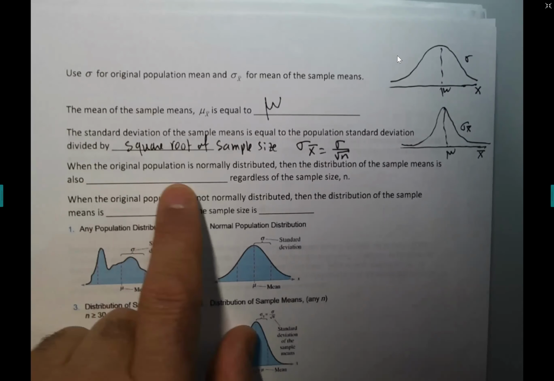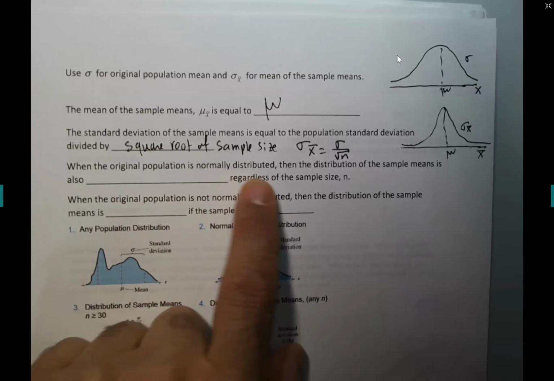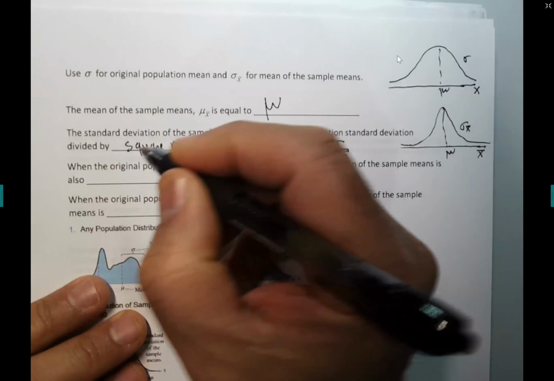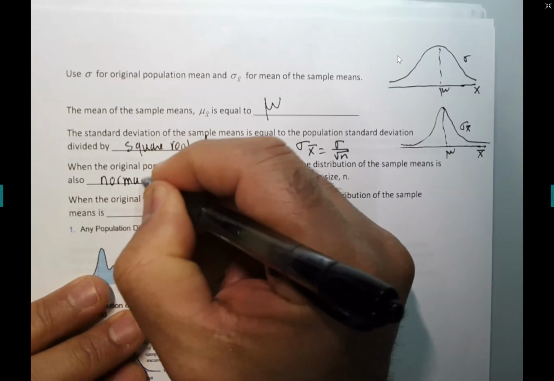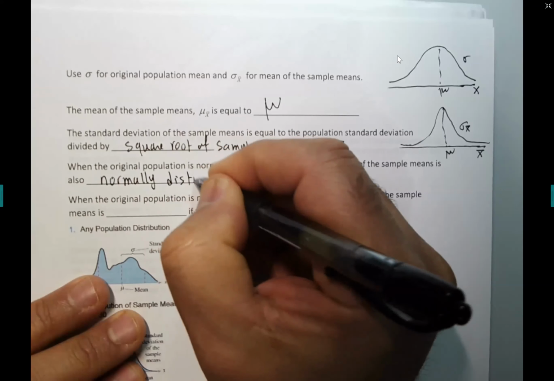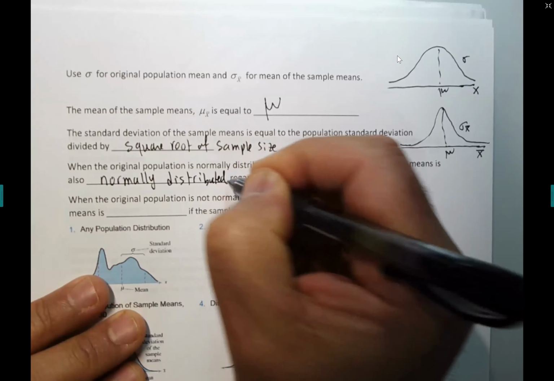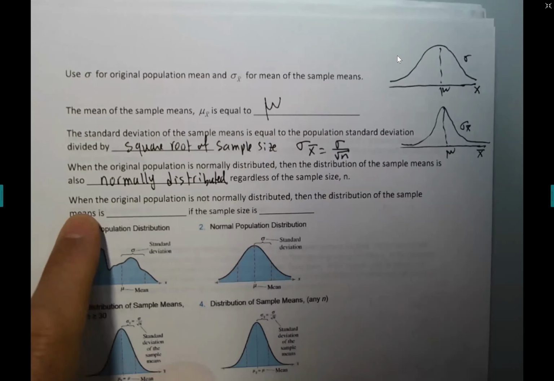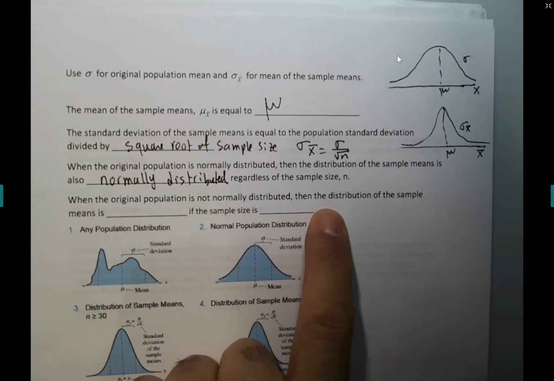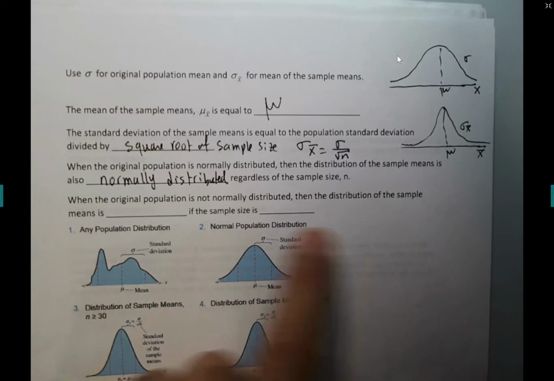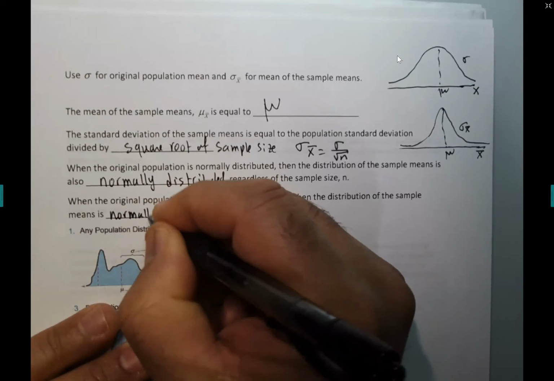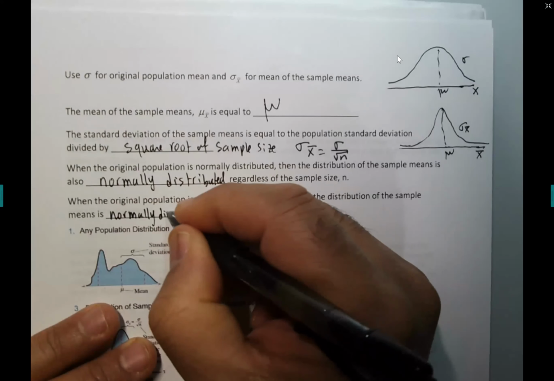When the original population is bell-shaped, normally distributed, then the distribution of the sample means is also bell-shaped, regardless of the sample size n. When the original population, guys, is not normally distributed, I showed you a distribution that is skewed to the right, then the distribution of the sample means is also bell-shaped, but I use a sample size which is a bit large.